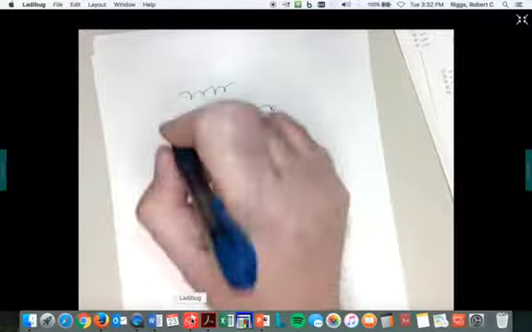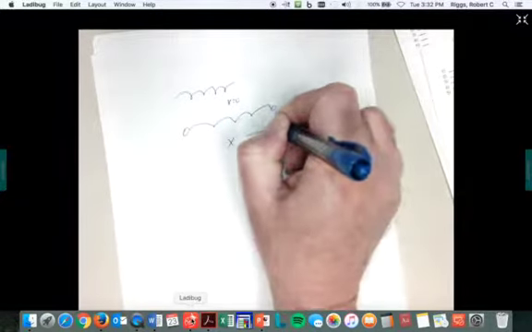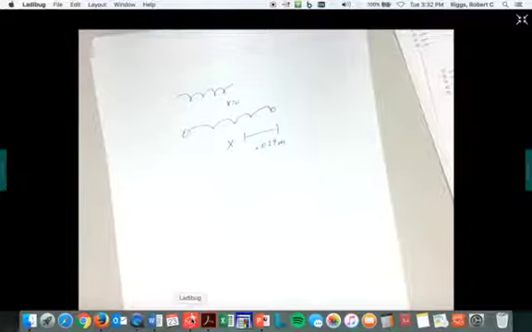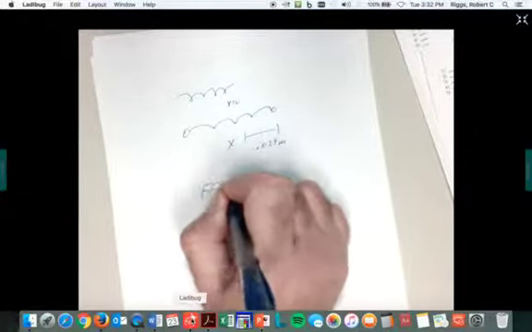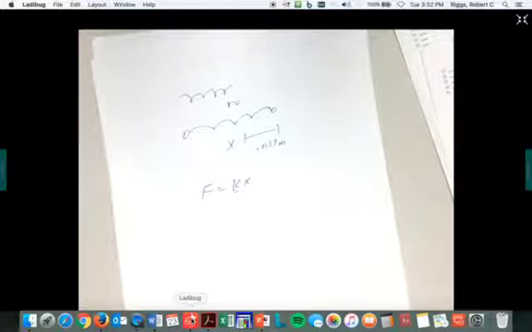Okay? Here's where x equals 0, and then it stretched to x, which was, what they say, 0.029 meters or something like that. So it stretched a little bit. And this was caused by the force, which is equal to k times x. They gave you k, they gave you x, so you know what the spring force is, Newton's law.